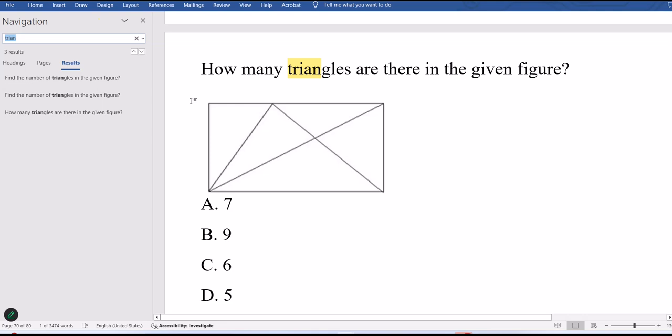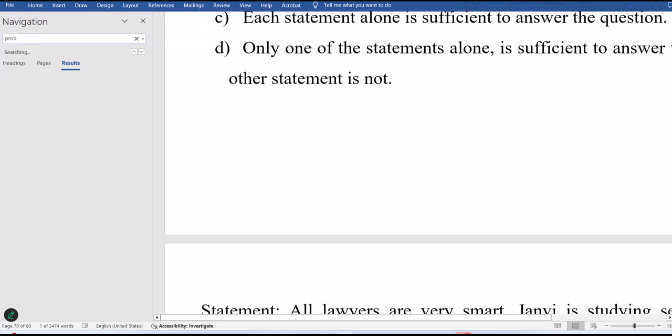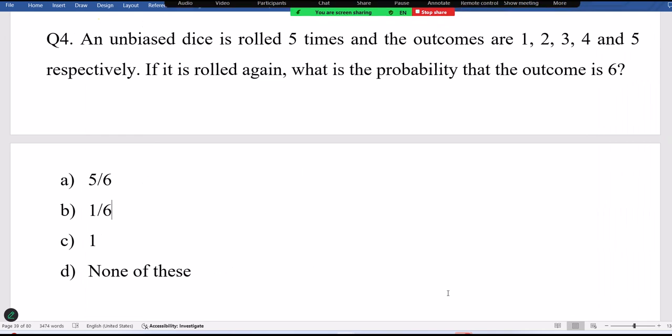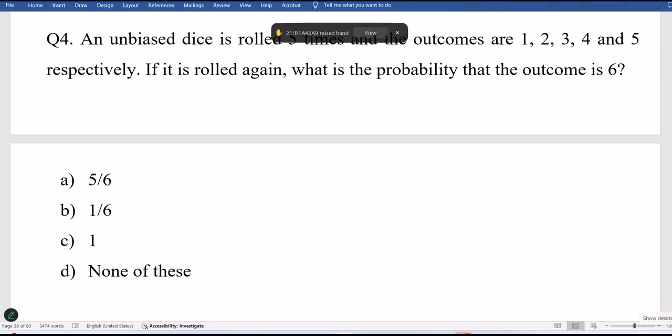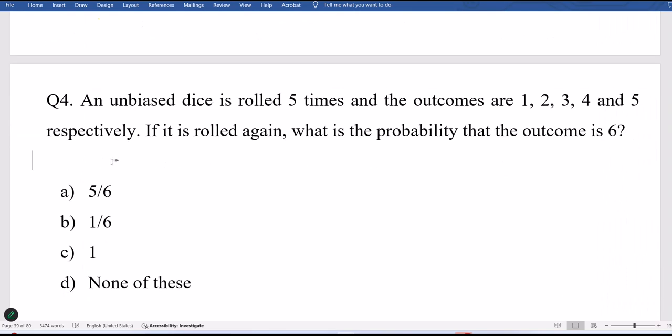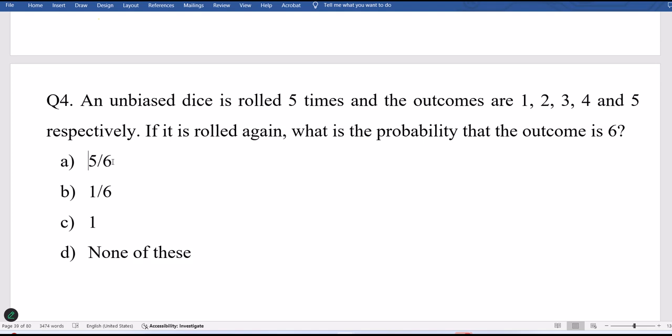Any question in this exam related to probability? Yeah, one question is available here. When you have an unbiased dice, when they mention unbiased dice, it always has equal chances. Already 1, 2, 3, 4, 5 came. What is the probability the outcome is 6 if it is rolled again?